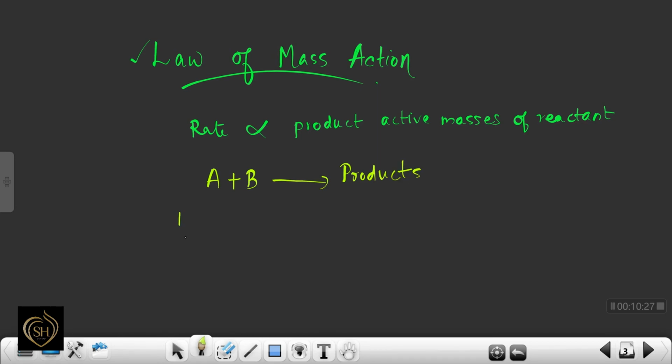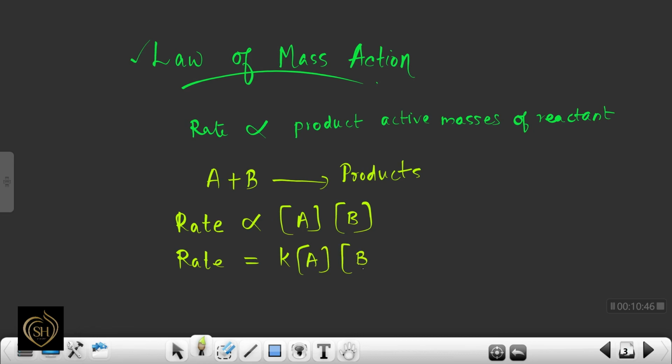So the rate of a reaction is directly proportional to the concentration of A into the concentration of B. In order to change the proportionality sign, rate is equal to k into concentration of A into concentration of B, where k is called rate constant. This is the equation of law of mass action.